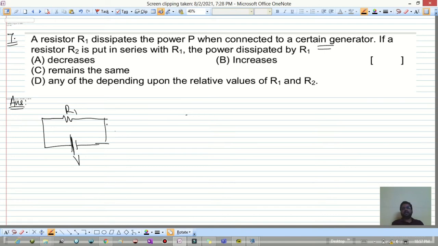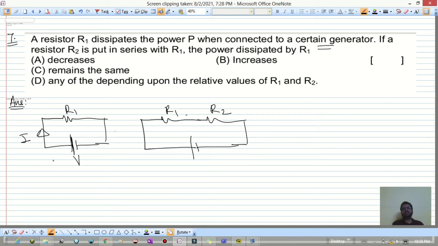And now if a resistor R2 is put in series with R1, what is the power dissipated by R1? So firstly, what is the power over here?